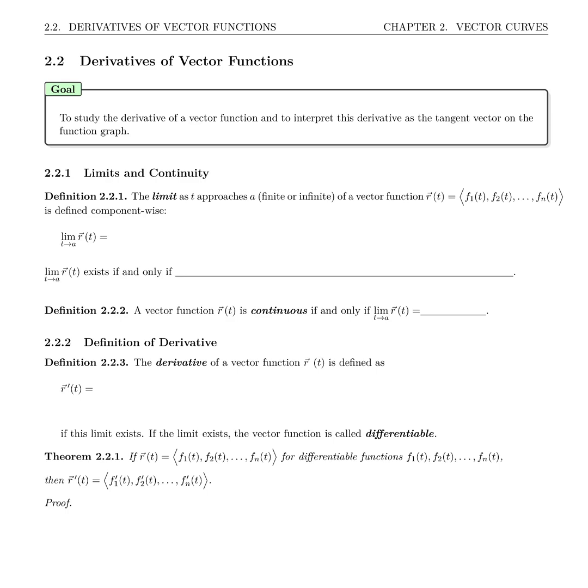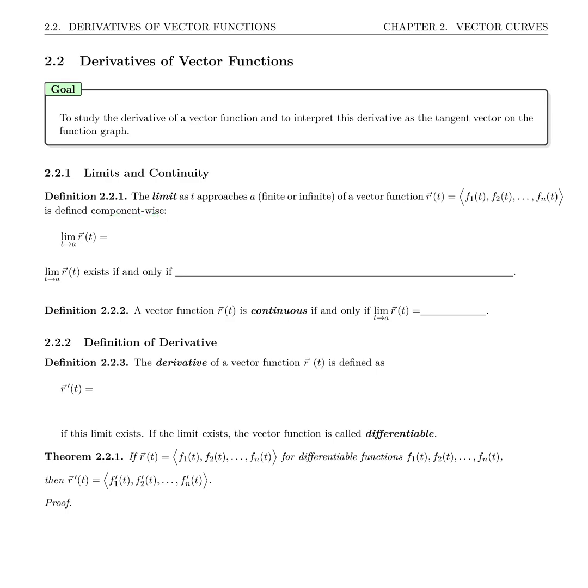quickly as we can. So the definition here, 2.2.1, the limit as t approaches a, which can be either a finite value or an infinite value, of a vector function r of t, which has component functions f1 of t, f2 of t, and f sub n of t, is defined component-wise.